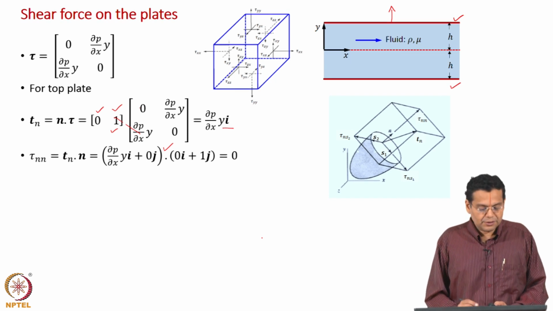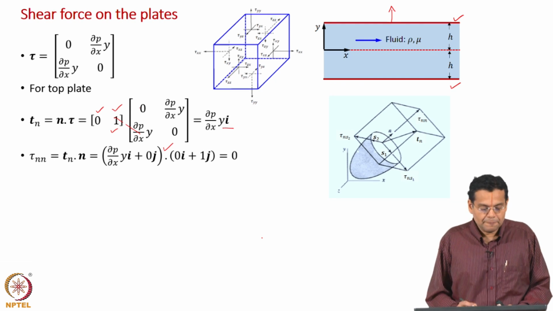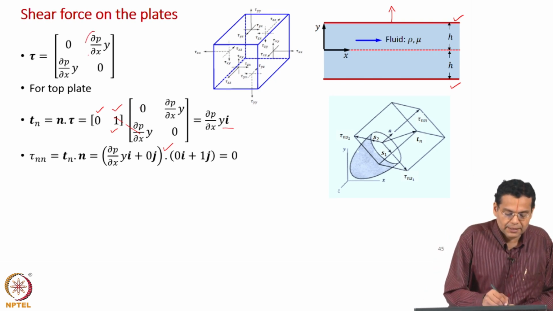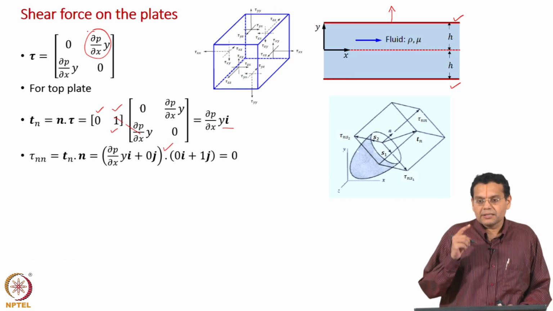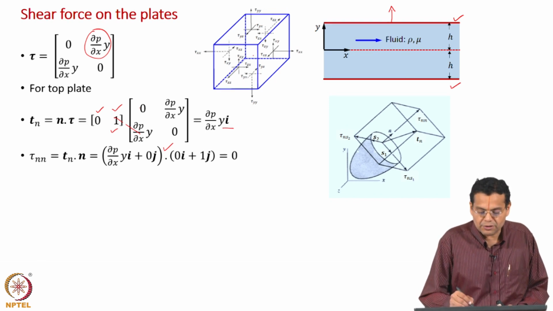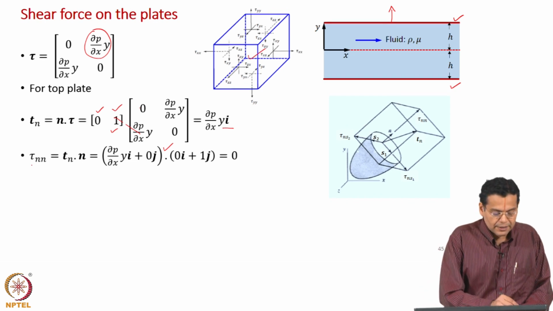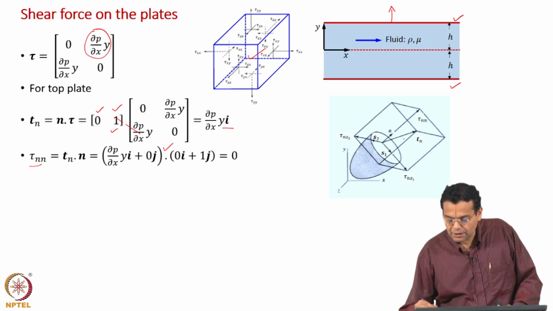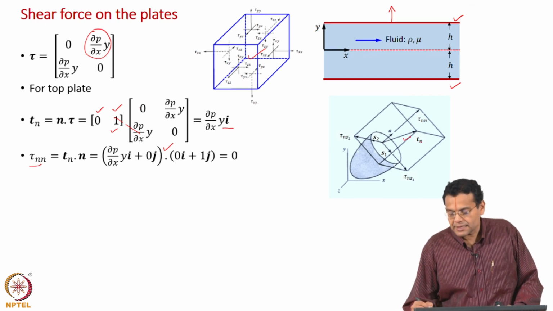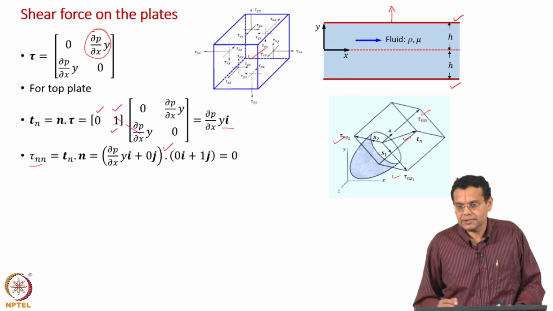I would like to distinguish the word component here, we are using it in 2 different ways. When I use component here, I mean it is the component of the viscous stress tensor. So what we should recall is this stress element. When I say component here, it is a component of the stress vector. So I should recall this figure. This stress vector was resolved into the normal stress and then 2 shear stresses.